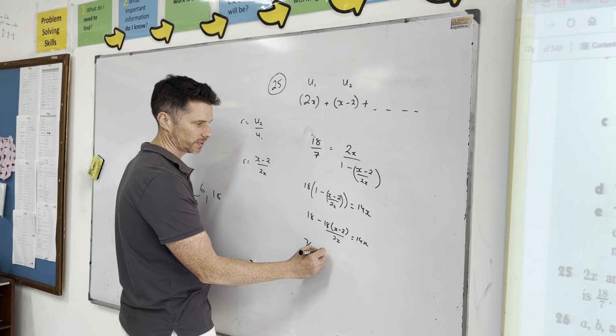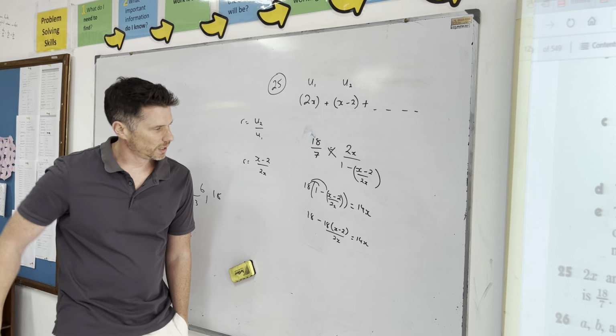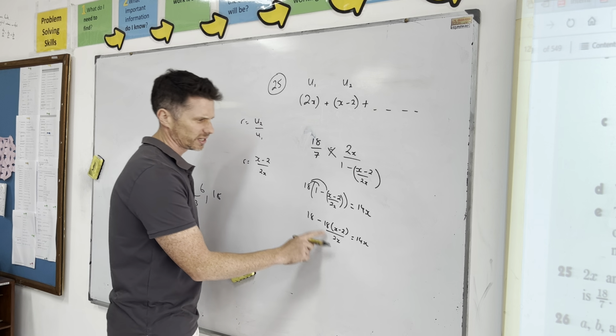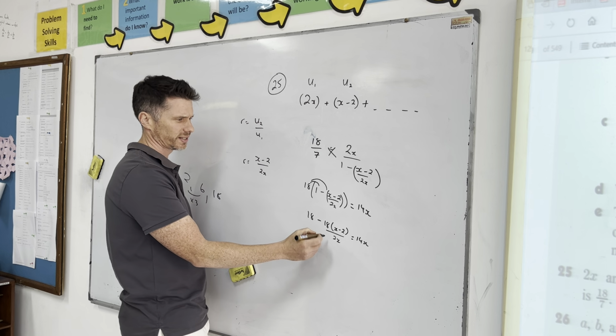How'd you get there? Multiply 18 in here. Now obviously, I don't know if you want to cancel this now, 18 and 2 would be 9. Don't bother? Okay, that's 15.